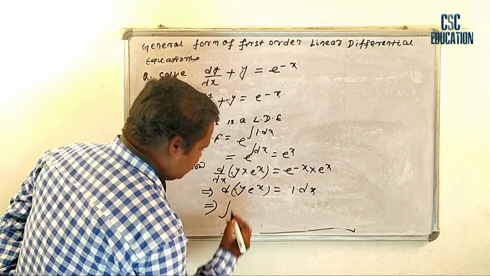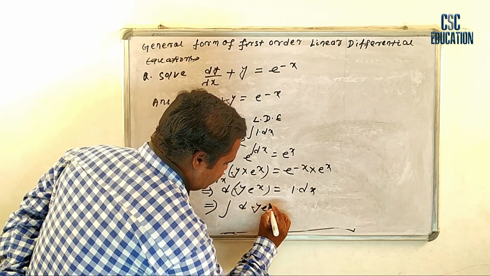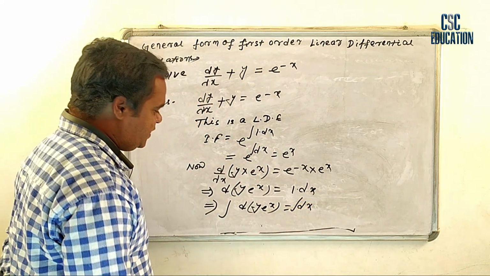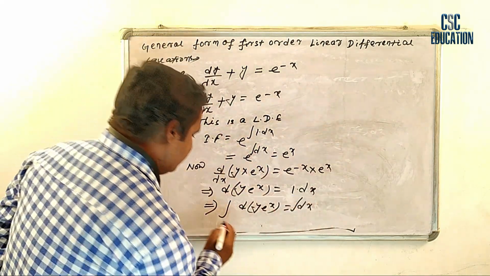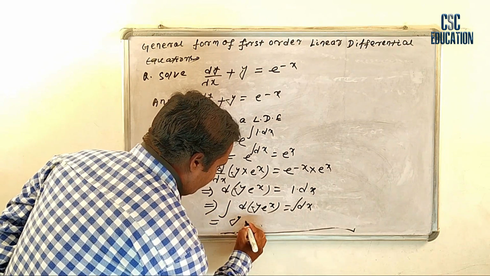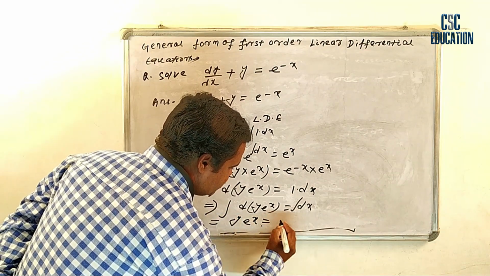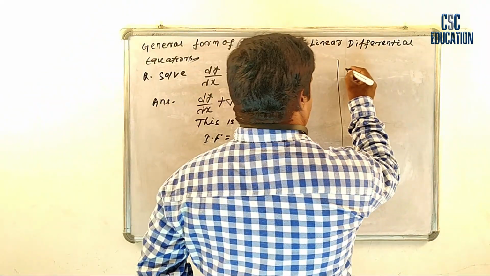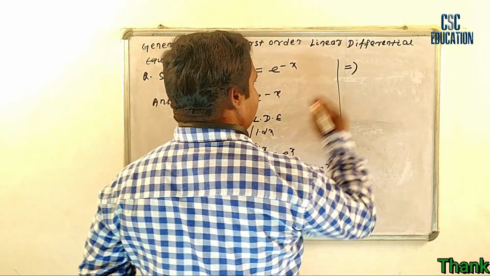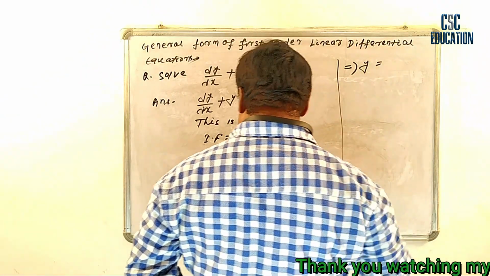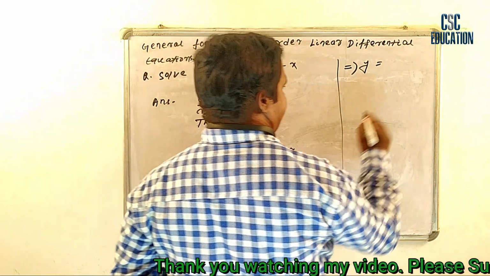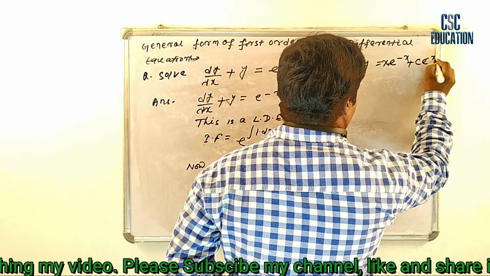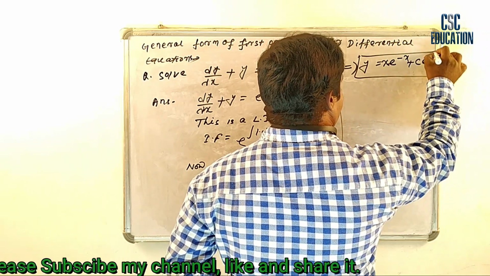Now integrating both sides, integration of d of y e to the power x equals integration of dx. In integration, d of something gives something, so y e to the power x equals x plus c. So now this implies y equals x divided by e to the power x, that means x into e to the power minus x plus c into e to the power minus x. That is the general solution of the given differential equation.